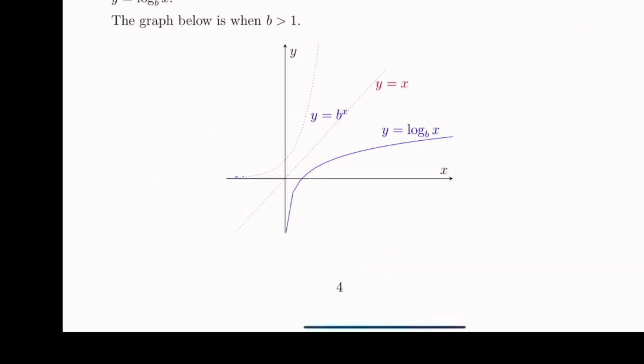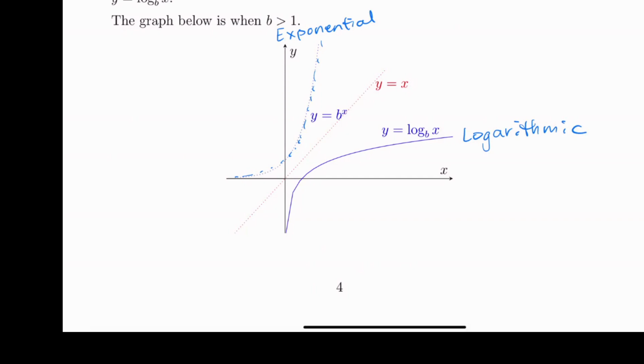We have the exponential on the left and logarithmic on the bottom right. We can see they do mirror each other.